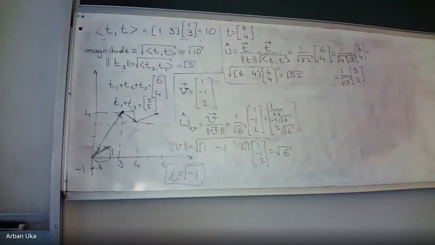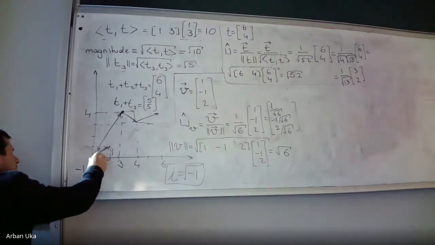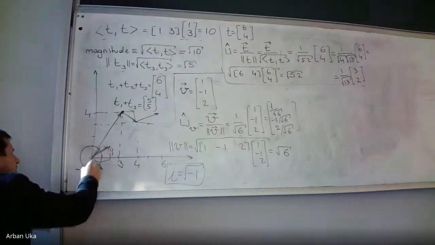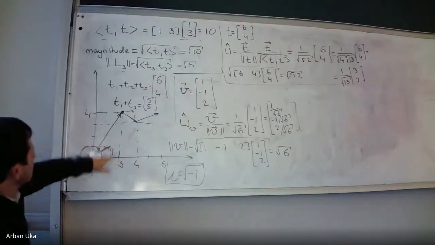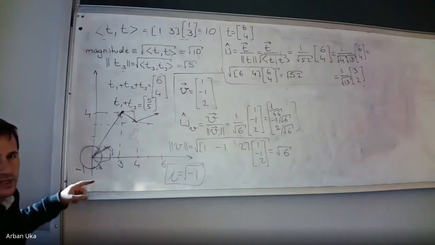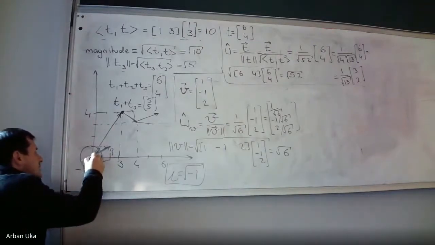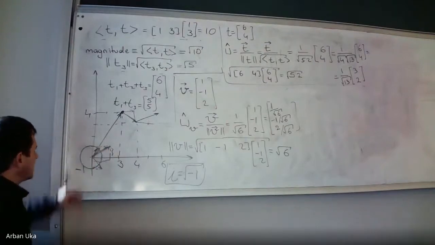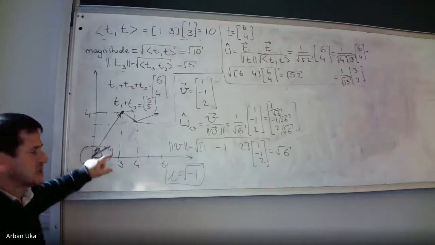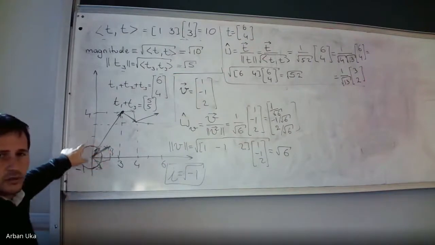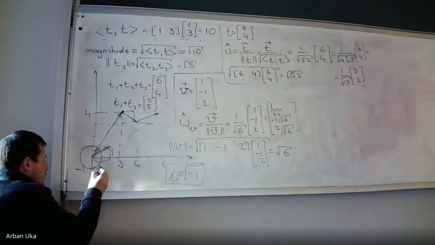What we can do is draw a circle with radius 1. So we have this, and for example, we also have this vector which was 3, 4. What is the 3, 4 unit vector? It is in the same direction as this vector, but the tip ends at the outer boundary of this circle with radius unity. We have this other vector 1, -1, which is down here.